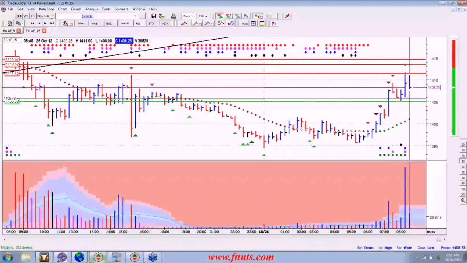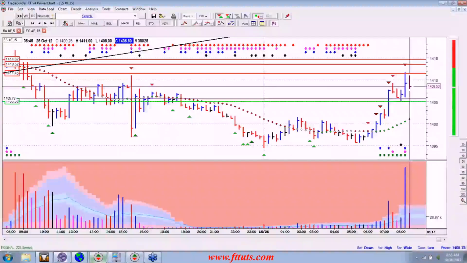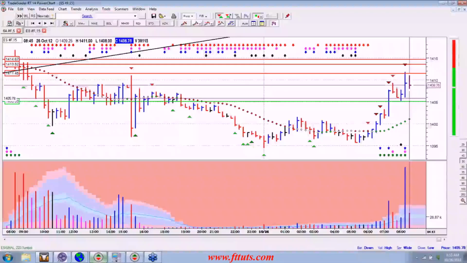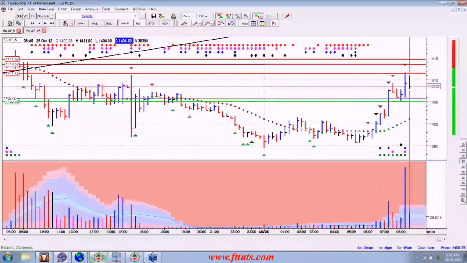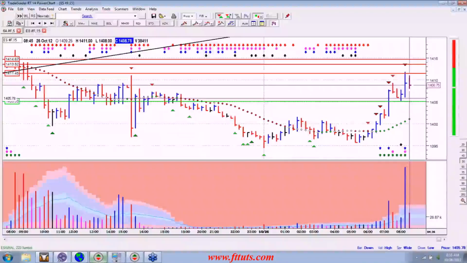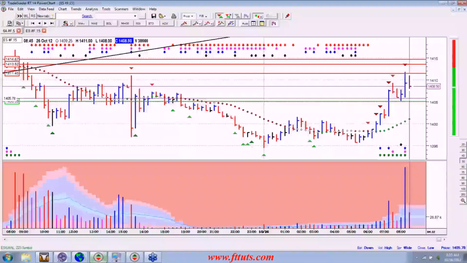Now, the only negative thing that Tom has at the moment is his eyesight's going. His faculties are all there, but his eyesight's going. The reason I wanted to put this course together is that at the moment Tom can see the charts enough to be able to give you instruction. I got an email, which I'm not going to show publicly, from a lady who said, Gavin, I'm partially sighted.